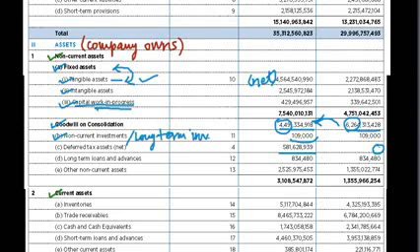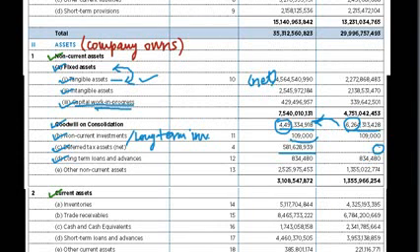Moving on from deferred tax asset, the next item is long-term loans and advances. These basically refer to loans and advances the company has offered to its group companies and which it expects to get back in more than 1 year. Sometimes the long-term loans and advances also include a part of any advance tax the company has paid.